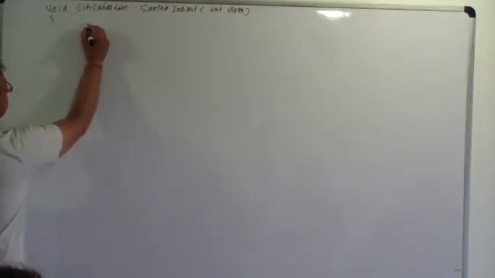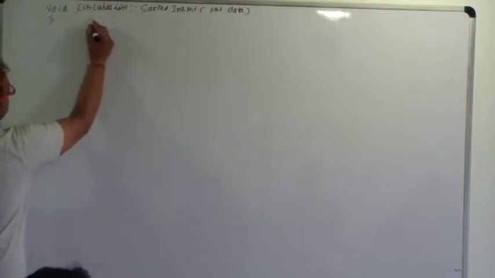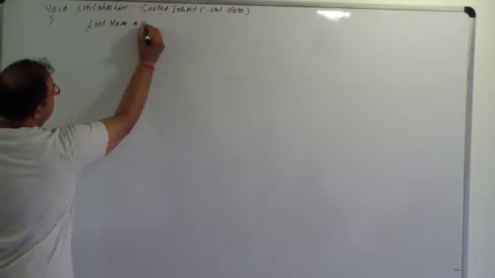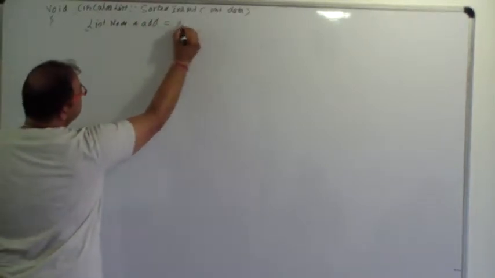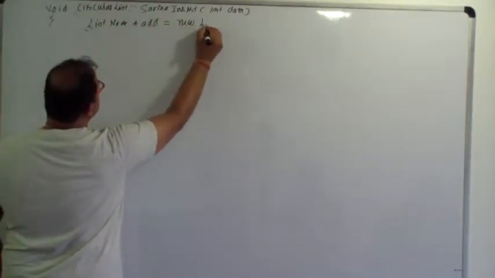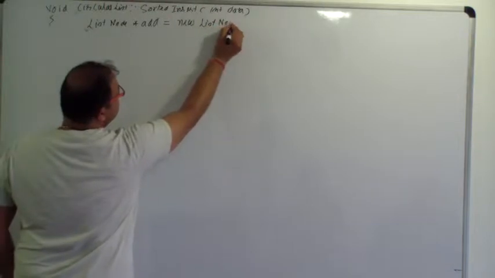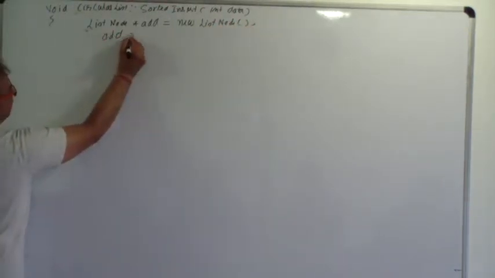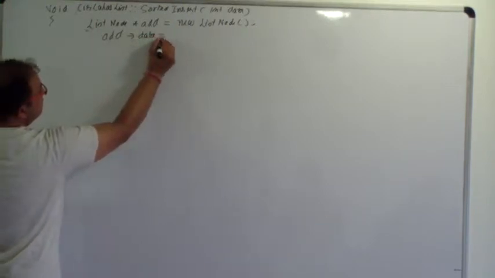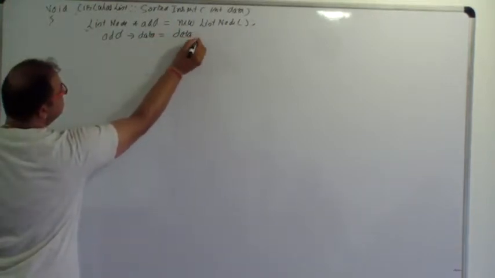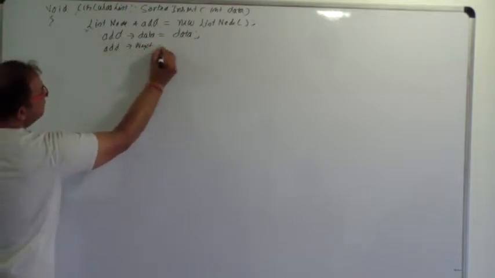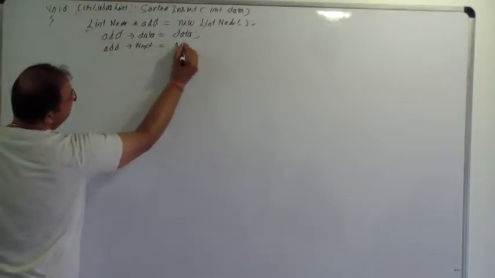ListNode star add is equal to new ListNode. add arrow data is equal to data, and add arrow next is equal to add.